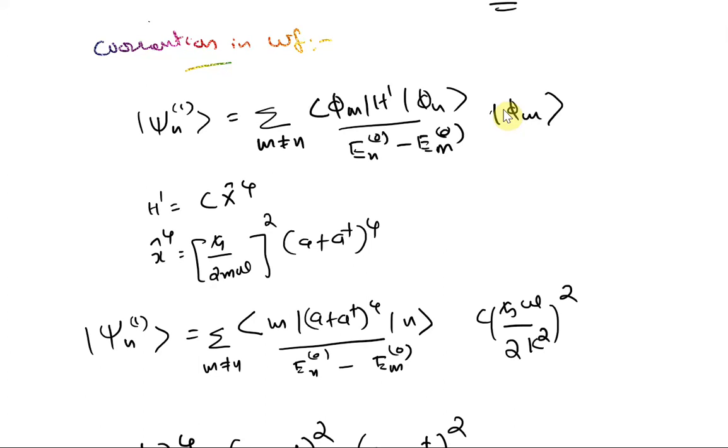Otherwise, these are just numbers and they will add on. So first, we will be putting the correction of phi m when m is equal to n minus 4. Then we will put the correction for n minus 2, n plus 2, and n plus 4. Four of the states. Okay.